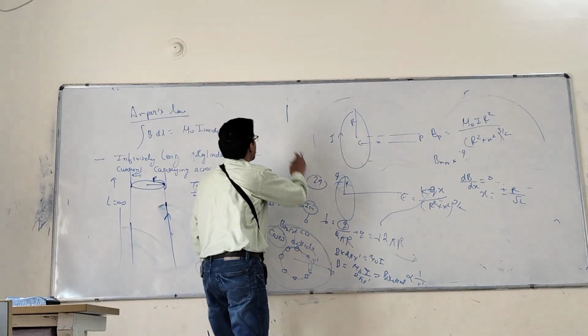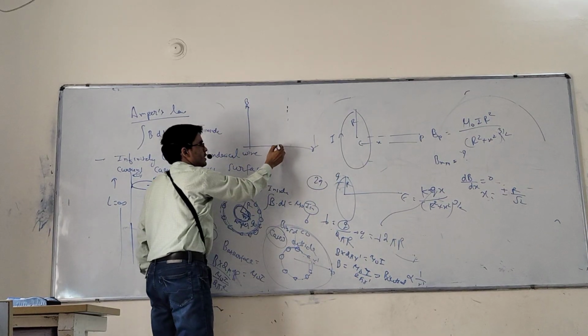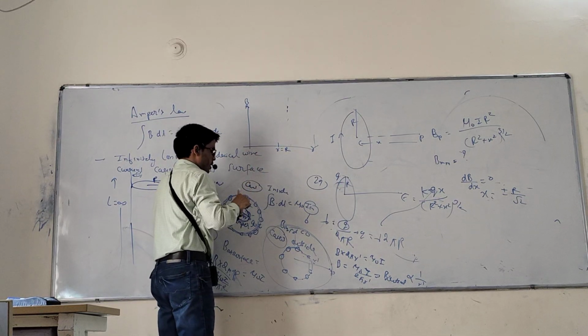Got it, B inside 0 and B at surface constant. So suppose I am drawing a graph between B and distance. See, suppose that is r equals R now, the surface. So from center to surface, what is your B value?